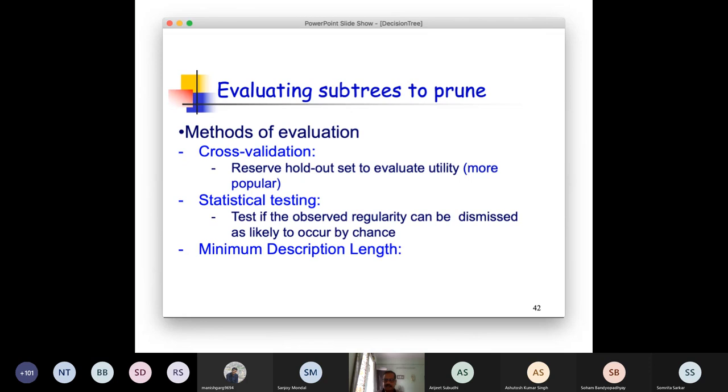So I'm not detailing, so let us not go into details, but this is the kind of statistical approach. It's kind of hypothesis testing basically. The hypothesis testing has certain kind of probability distributions in mind of the hypothesis.